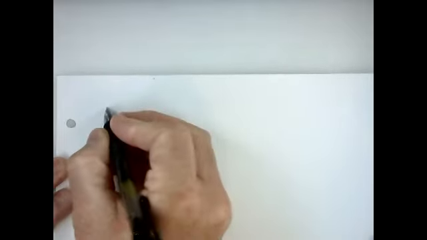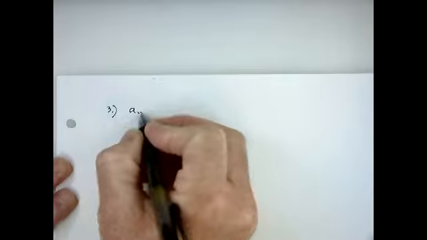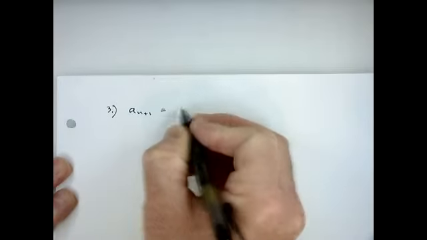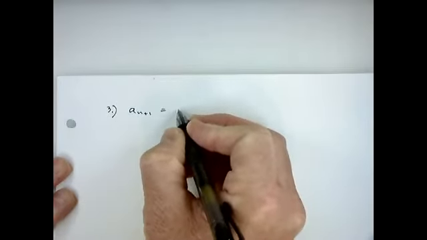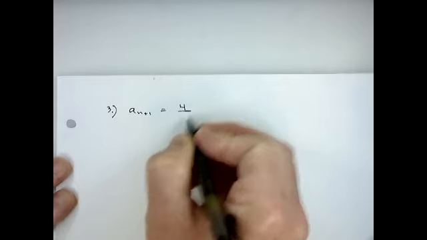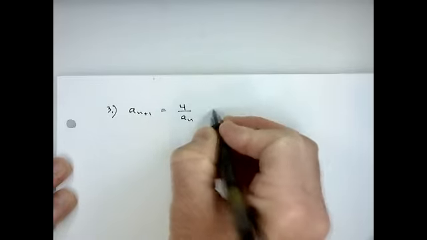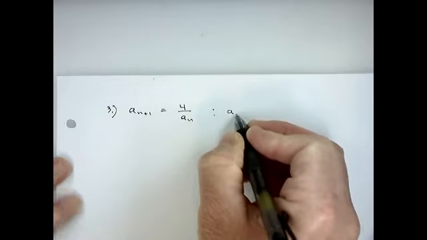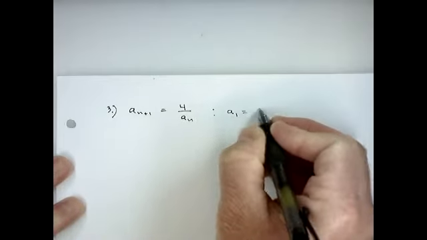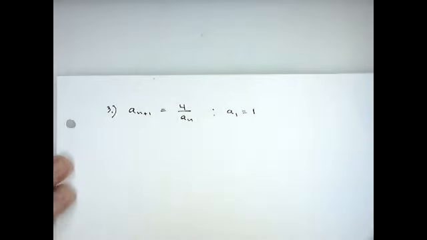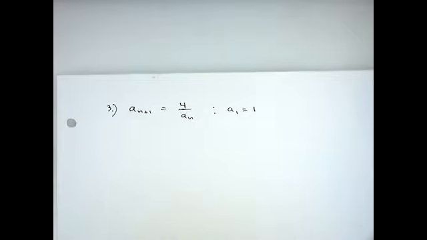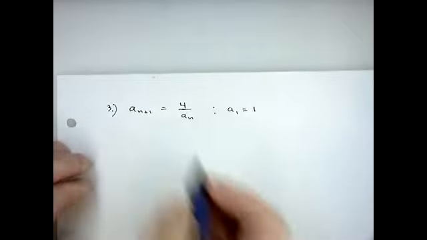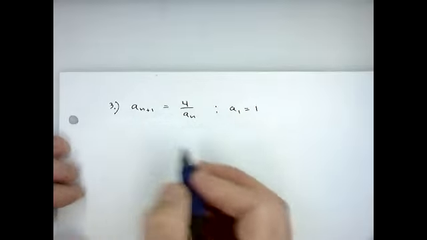Check out this one. Say I have, so this will be number 3, a sub n plus 1 equals 4 over a sub n. And let's say I start with a sub 1 equaling 1. Let's just go straight and find our fixed points here.